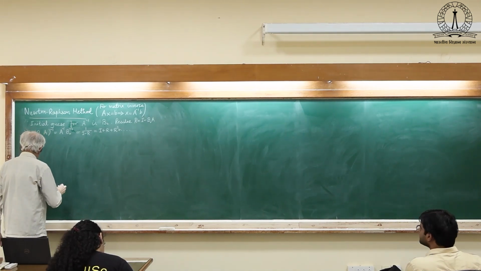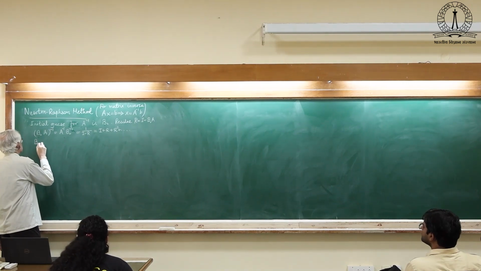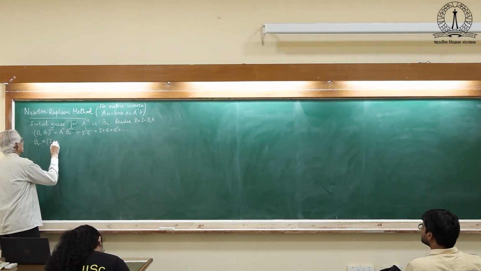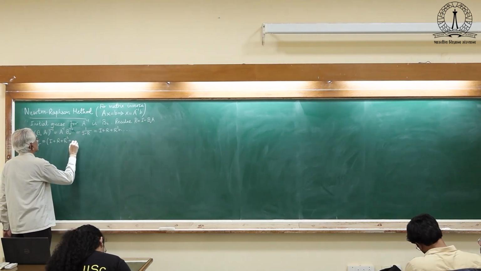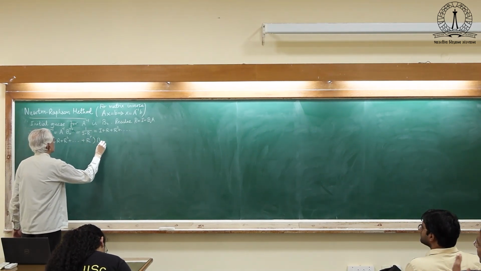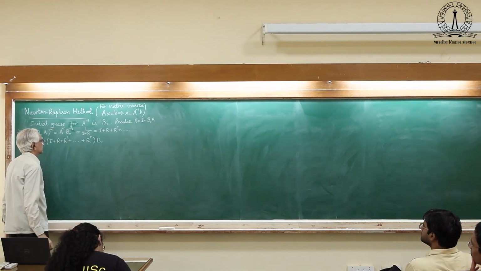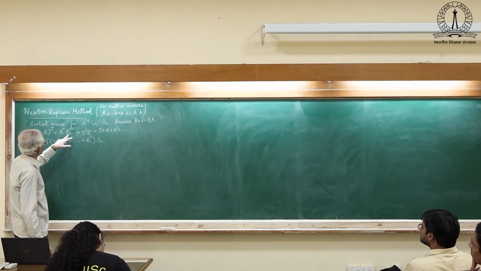So now I define a partially converged result, which is B_r, a truncated version of this series multiplied by B0.